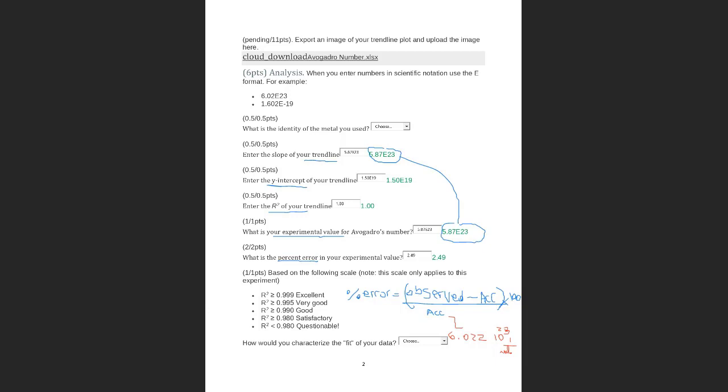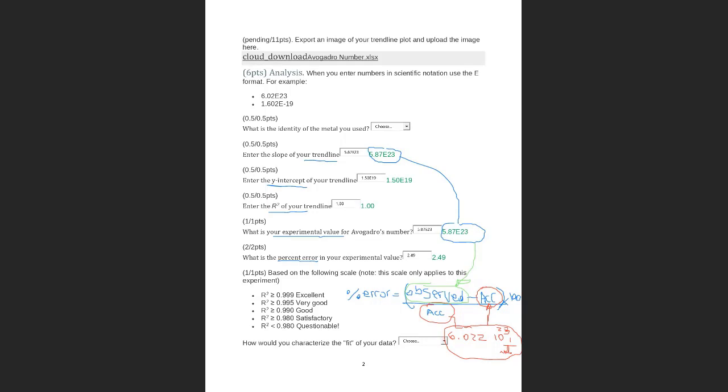And this same number goes here and goes here. This is the accepted value. And what is the observed value? The observed value is the one that we calculated. And then you multiply by 100, and that's how you are going to calculate your percent error.